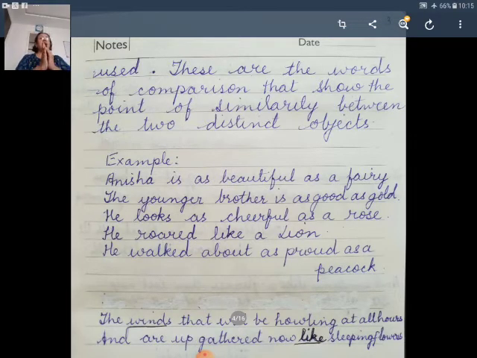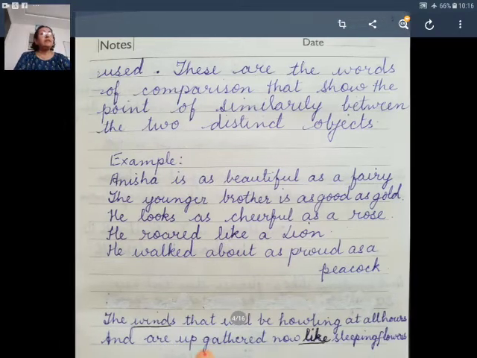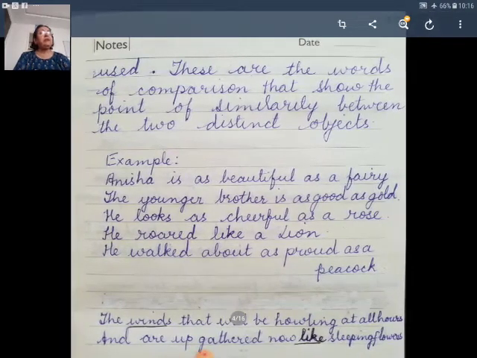So here again there is a similarity. This is the simile. One example I have taken from one of the poems: The winds that will be howling at all hours are up-gathered now like sleeping flowers.